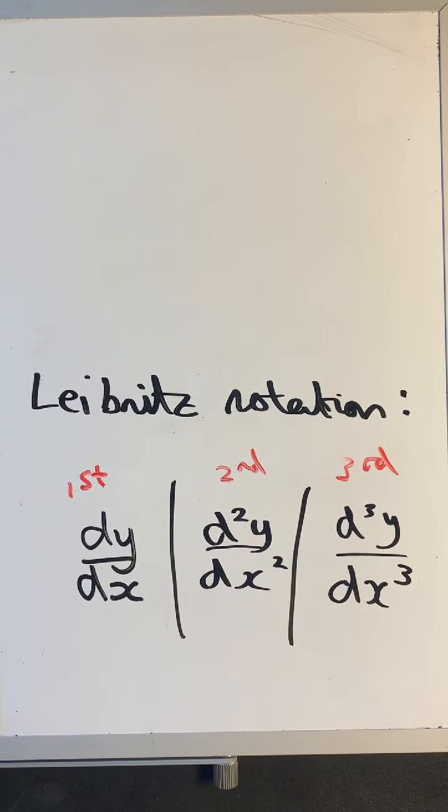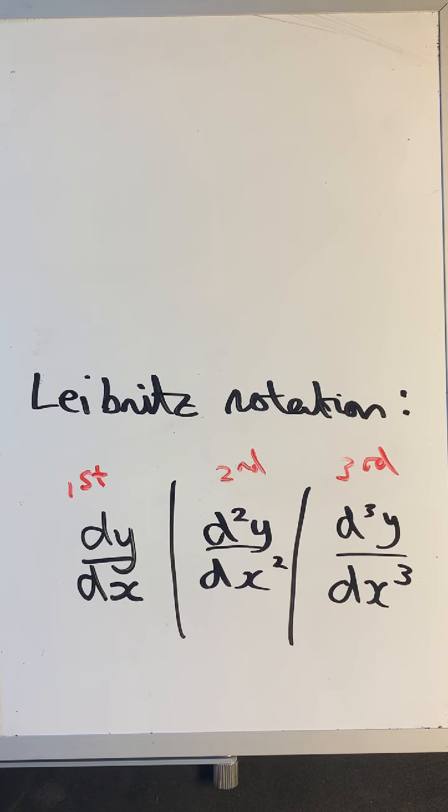Okay, always nice to know the names for these things. So you'll see Leibniz notation quite a lot, particularly when you're studying physics or engineering science, because we see that things such as velocity and acceleration can be expressed as derivatives in Leibniz notation.